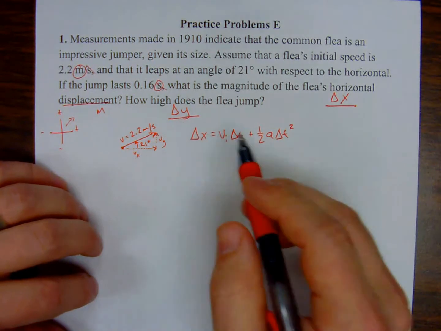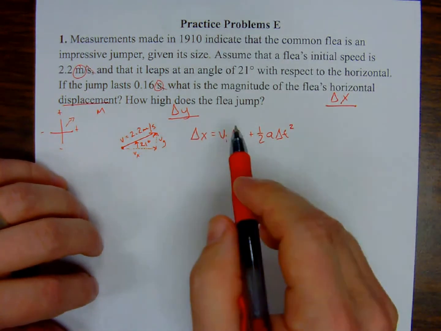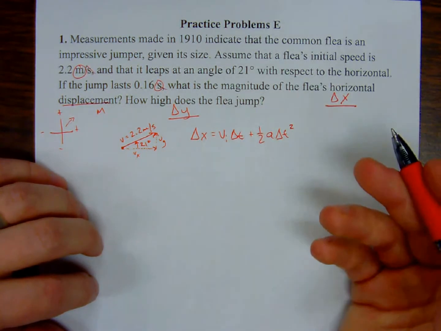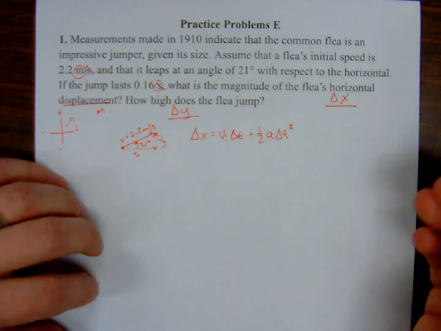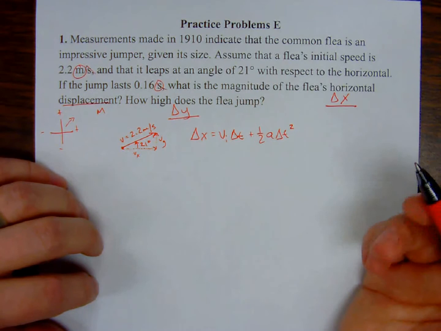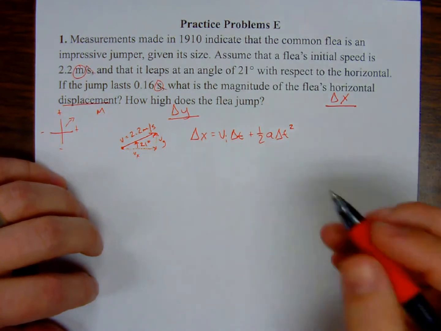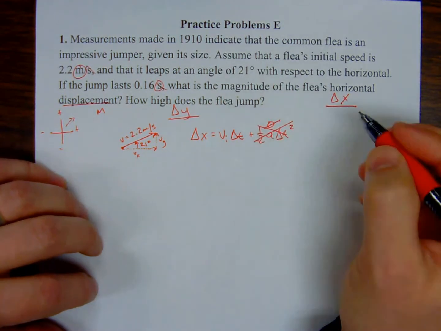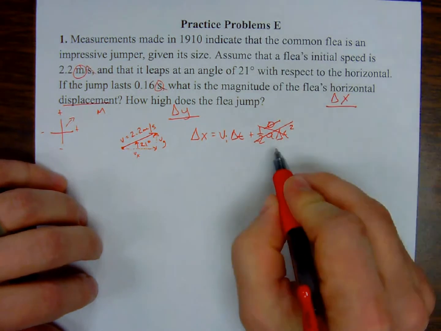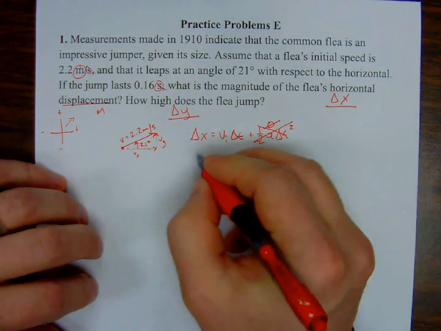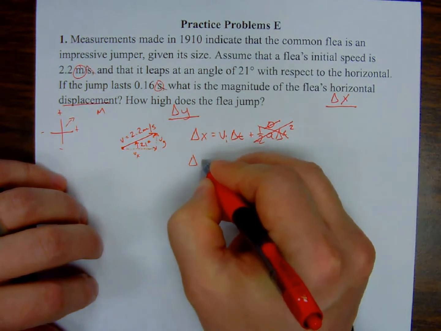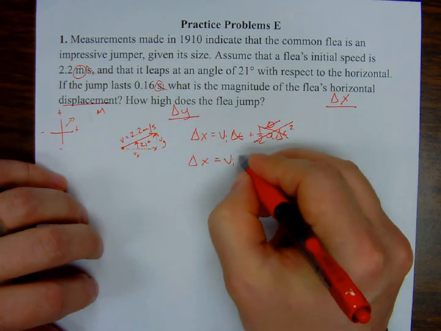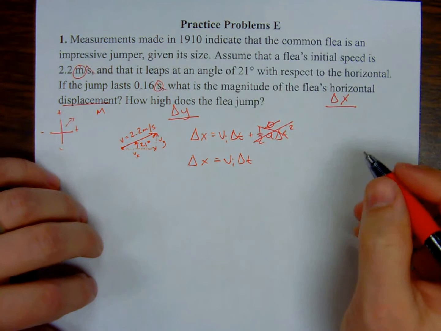The flea has already applied this force. It's leapt, and so it's going to have a constant speed. If there is a constant speed, this acceleration has a numerical value of 0. That means the entire second half of the equation I can just cancel out, and so I'm left with the displacement being equal to the velocity multiplied by the total time, that change in time.